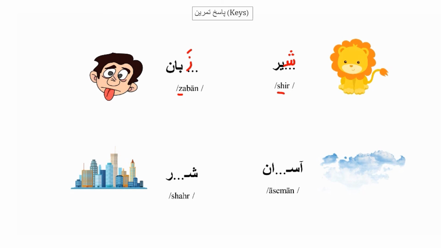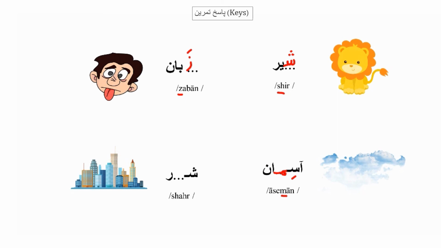Down right, we have آسمان, sky, so we have the me sound, آسه, the short vowel E, and then comes me. And it is connected to A and also to Se, آسمان.